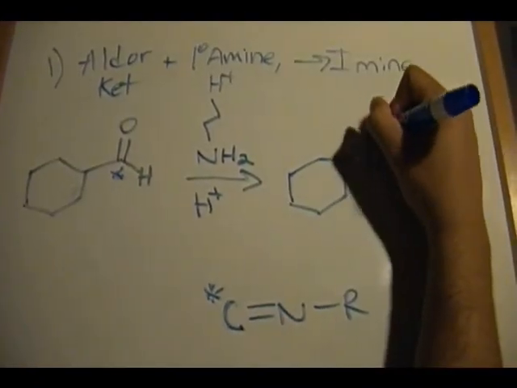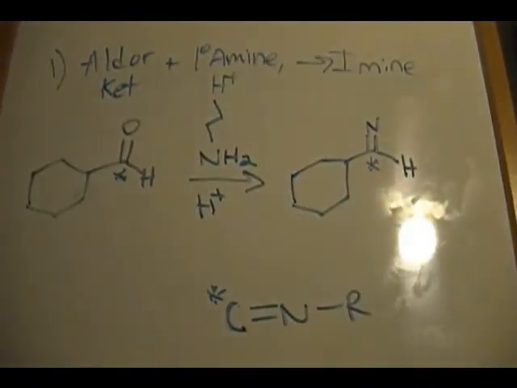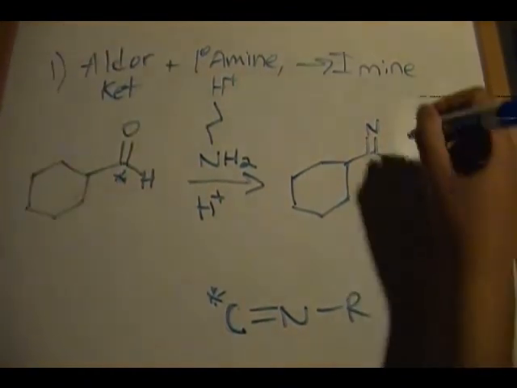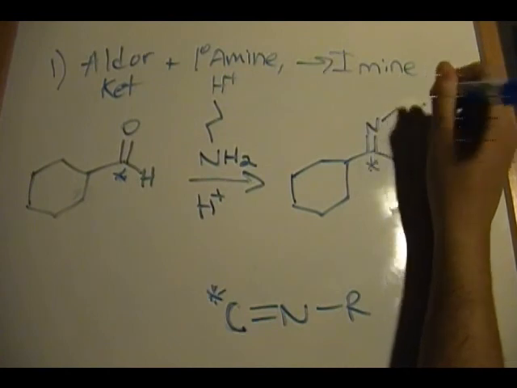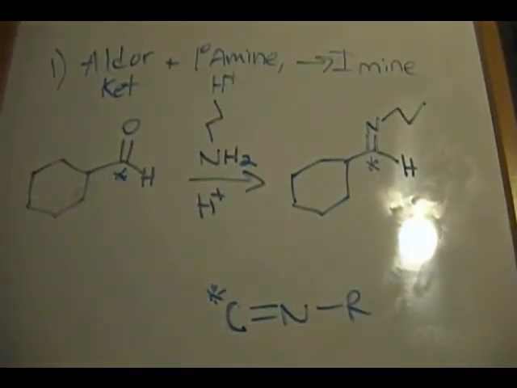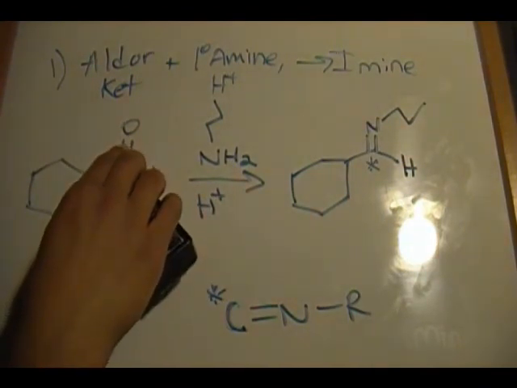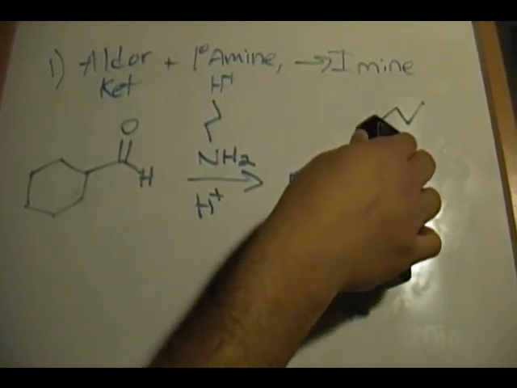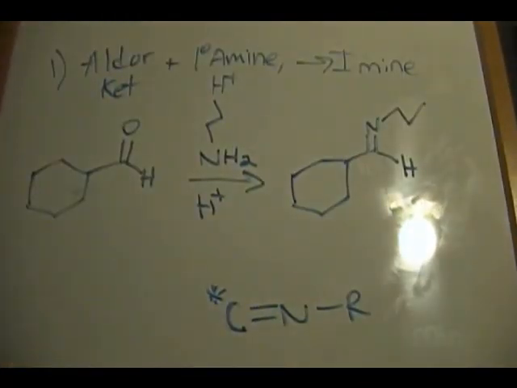Our R group in this case is a 1, 2, 3 carbon chain hanging off of the nitrogen, which is a propyl group. So 1, 2, 3, and there you have it. That is your imine for this reaction. Again, make sure you erase that star because it looks like a radical. So that was the first reaction.